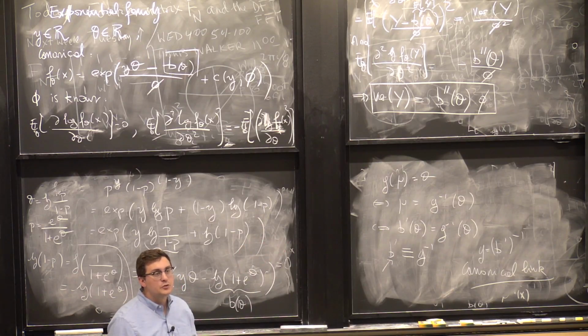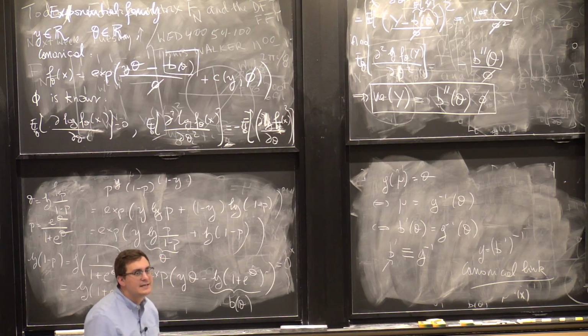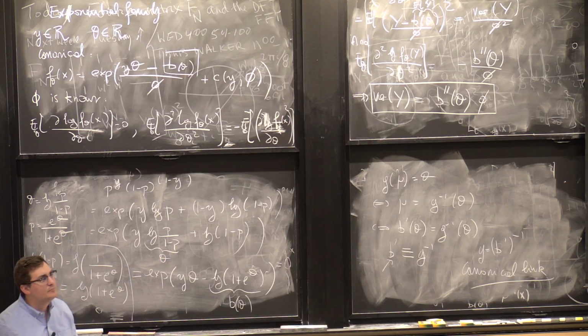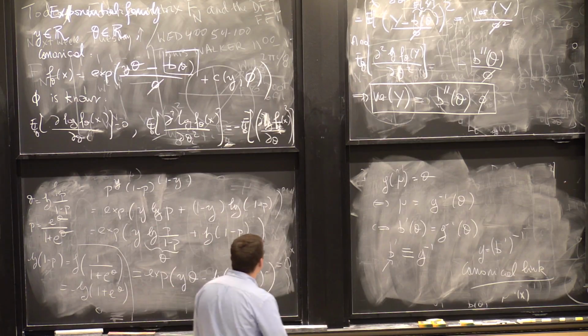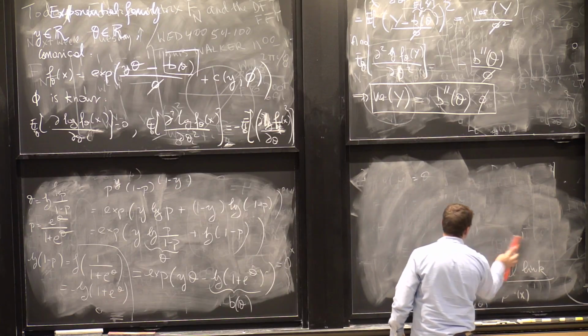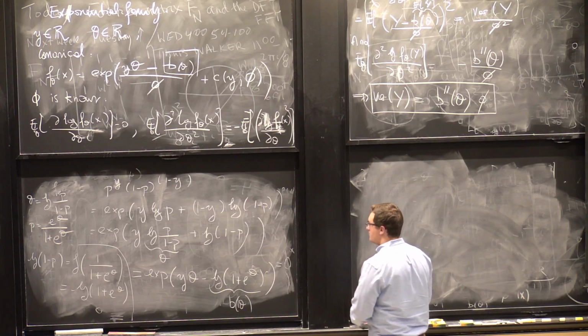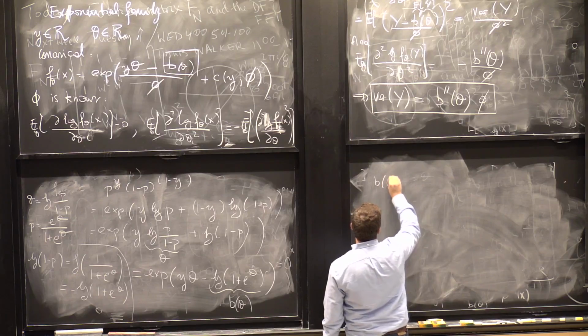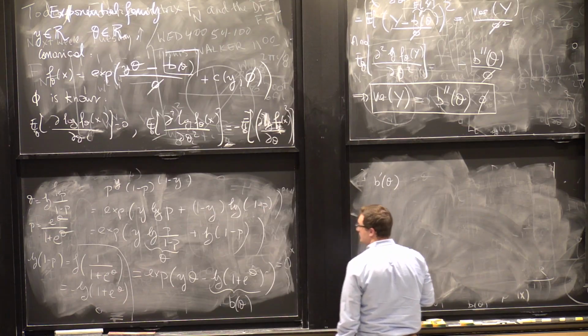From there, I can compute the expectation, which, hopefully, I'm going to get p as the mean and p times 1 minus p as the variance. Otherwise, that would be weird. So let's just do this. B prime of theta should give me the mean.